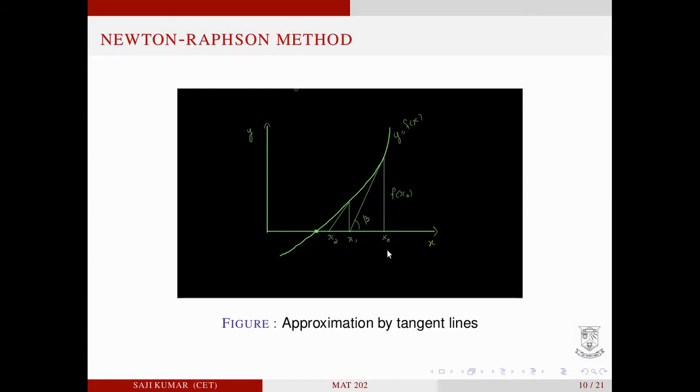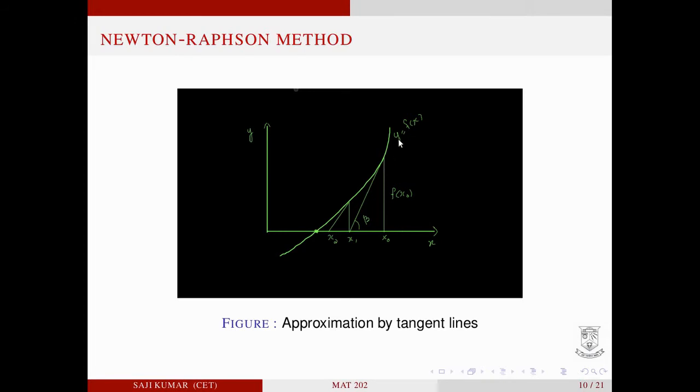An initial guess point x0 is chosen in the neighborhood of the actual solution. Then finding an approximate solution, say x1, and using that x1 we find another approximate solution x2, which is closer to the actual root. That means we are deriving a sequence of solutions x0, x1, x2, etc., xn, so that the sequence of solutions converges to the actual solution, say x is equal to r.